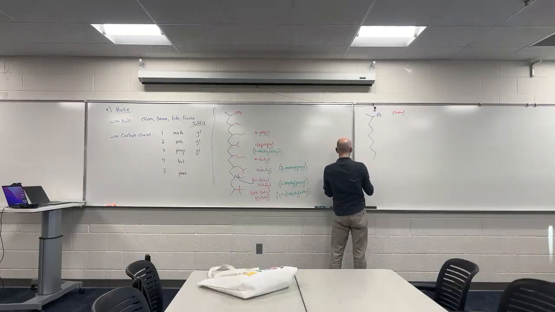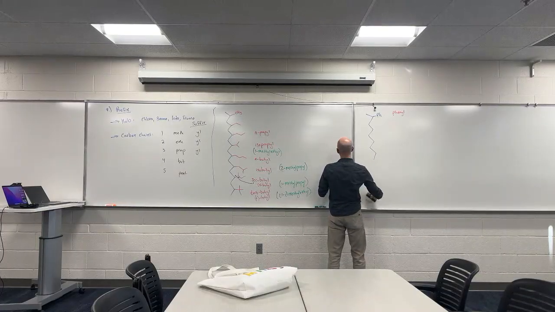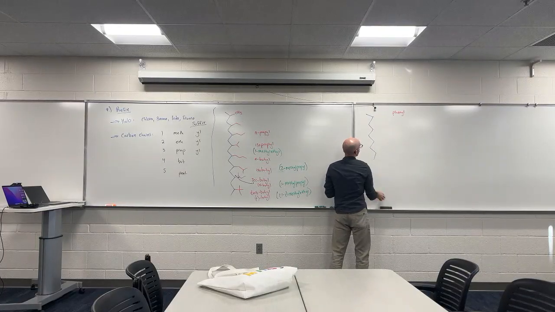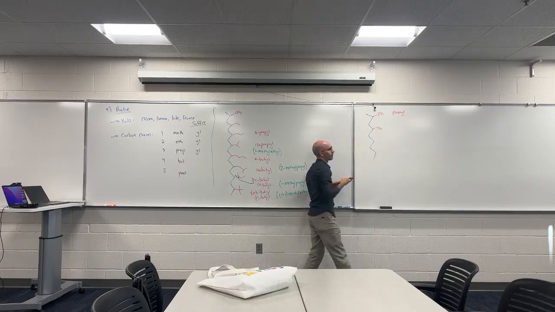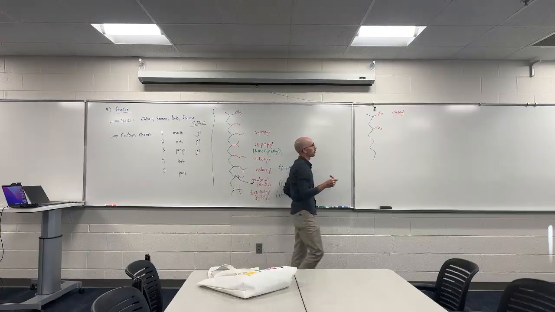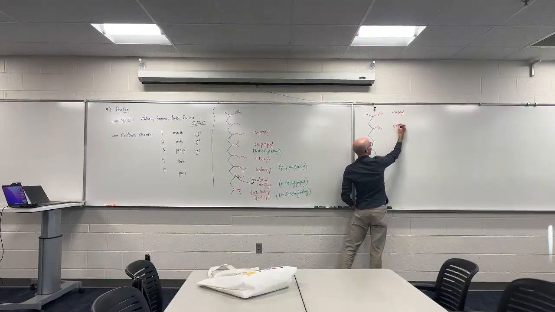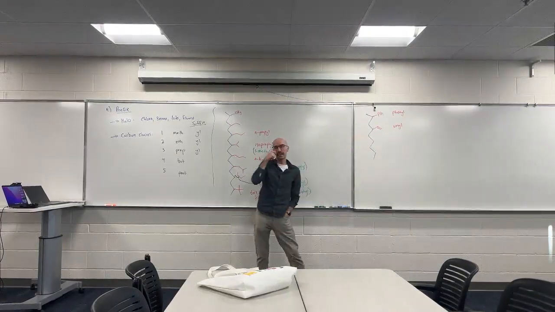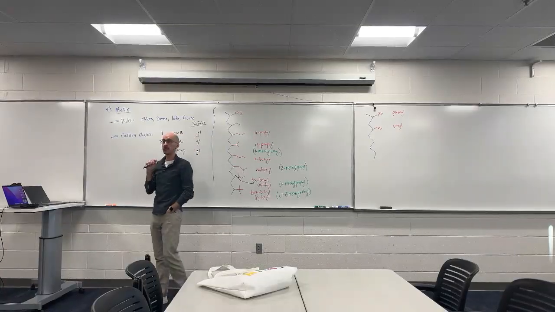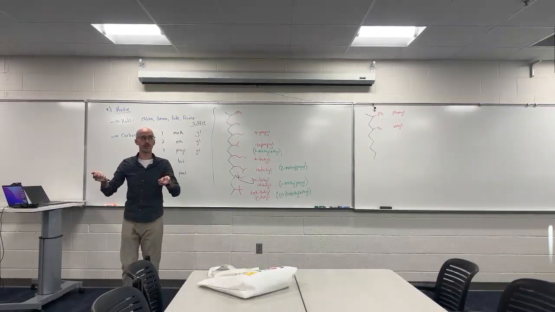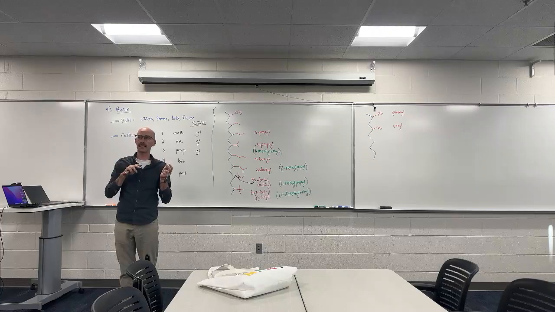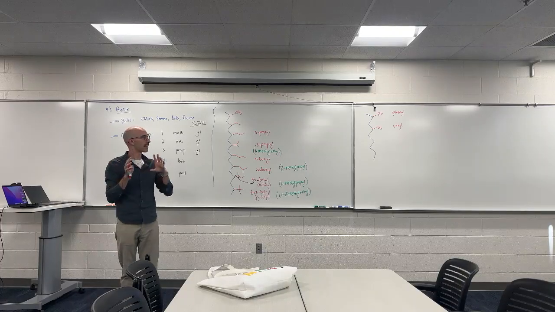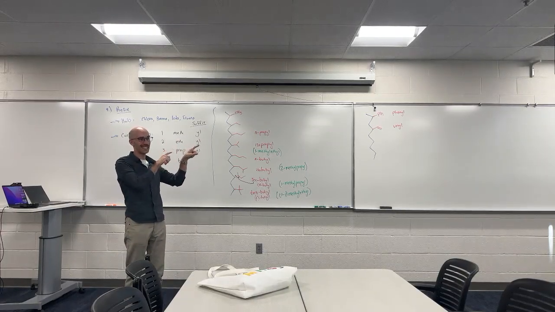Oh, and I'm sorry, I realized I went with the wrong color there. If you have a 2-carbon alkene, this group is referred to as vinyl. And I introduce that now because we will introduce a new functional group later in the semester called vinylic halides, halogens that are connected to alkene groups.